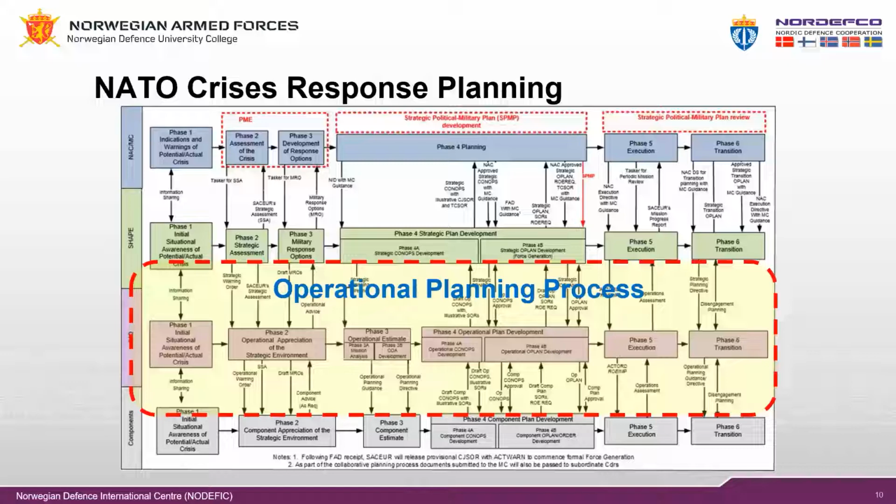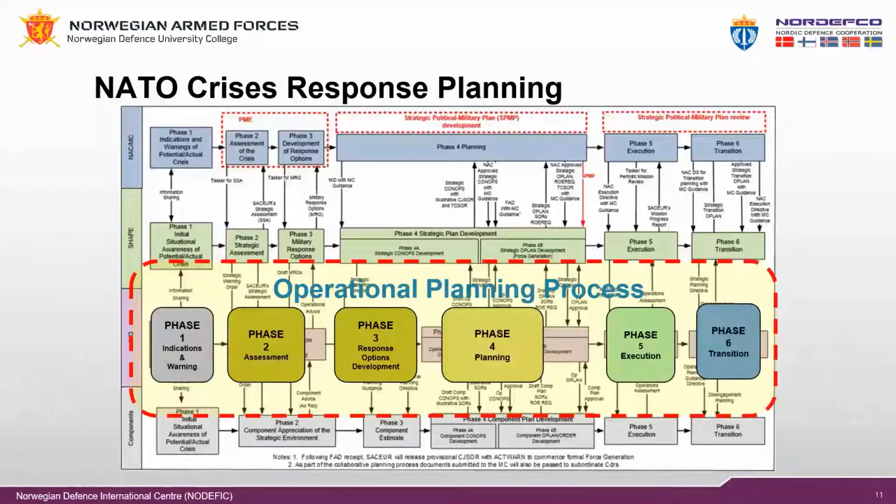The flow of information, direction, orders, other planning inputs, advice, assessment, and reports is depicted in the figure. On this slide, we have tried to illustrate how the operational planning process is distributed around the 6 phases in the NATO Crisis Management Process.